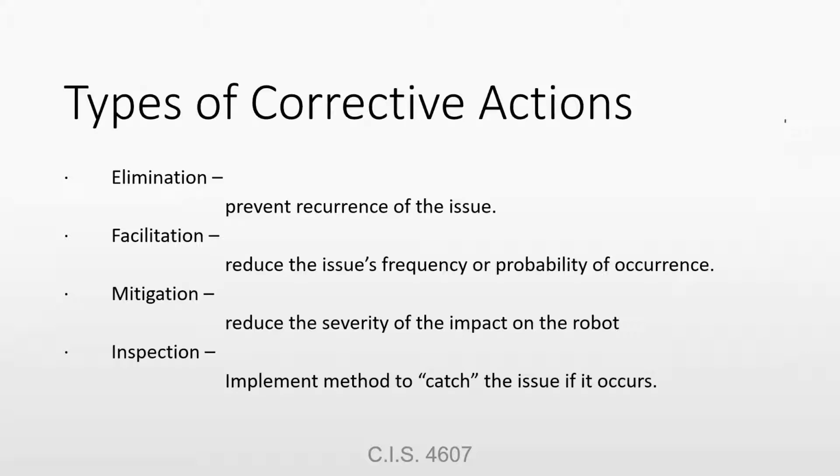So there are multiple types of corrective actions. There's elimination, which is just preventing recurrence of the issue. Facilitation, reduce the issue's frequency or probability of occurrence. Mitigation, reduce the severity of the impact on the robot. And inspection, which would be an inspection method to catch the issues that occur.